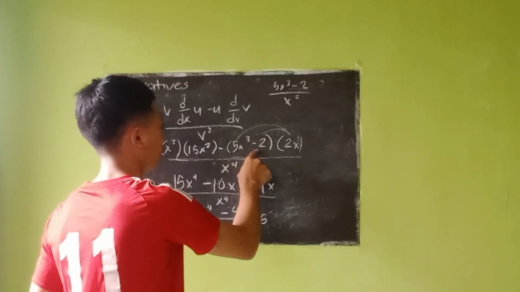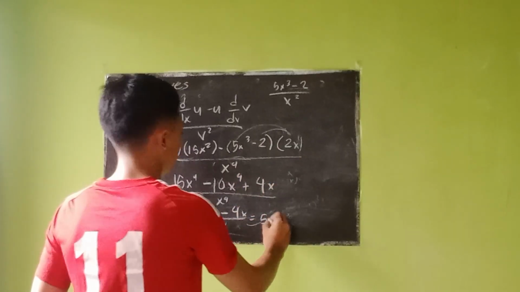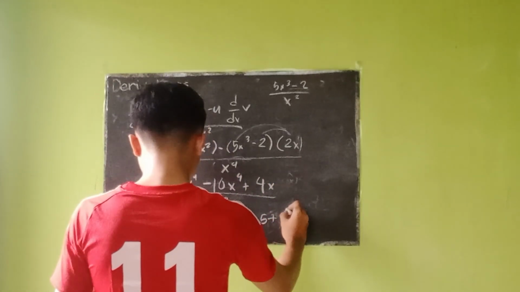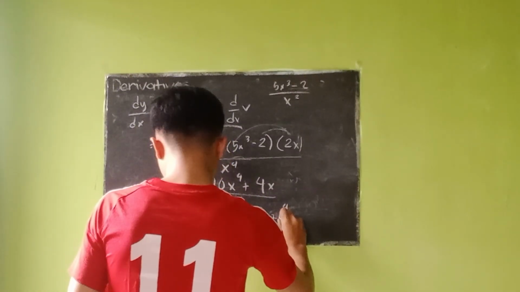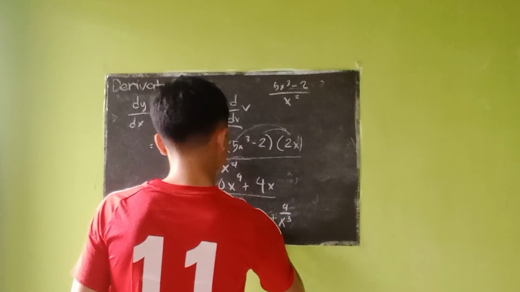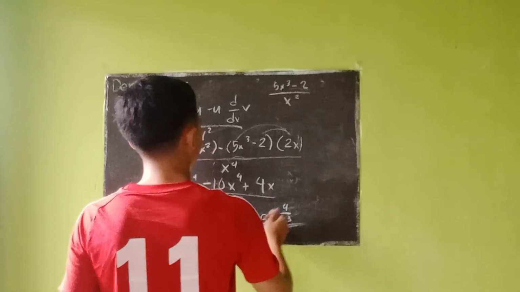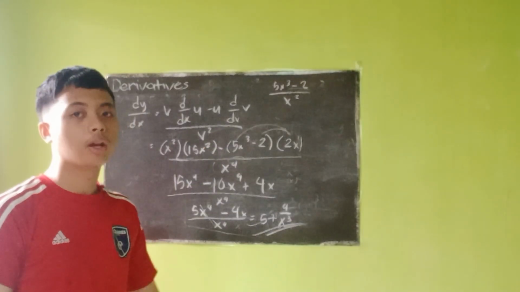This one will be positive 2. Thus, we can have 5 plus 4x over x cubed. So that is your final answer. Thank you.